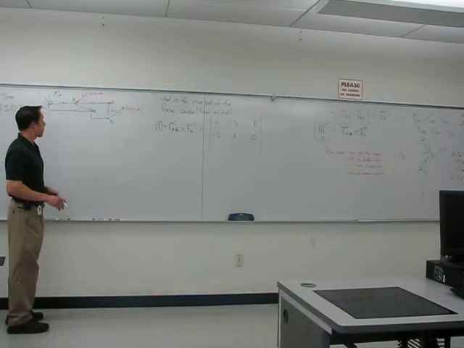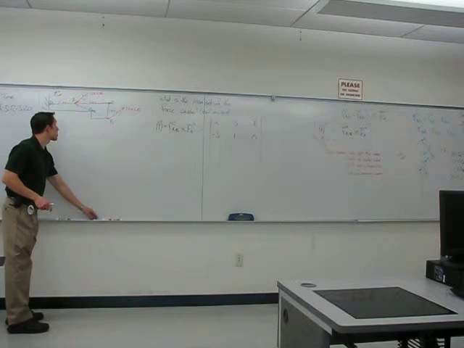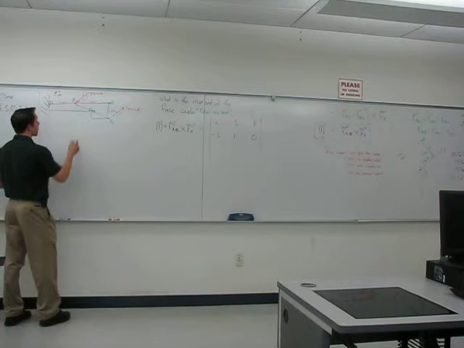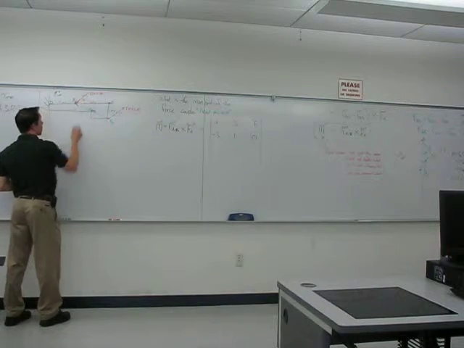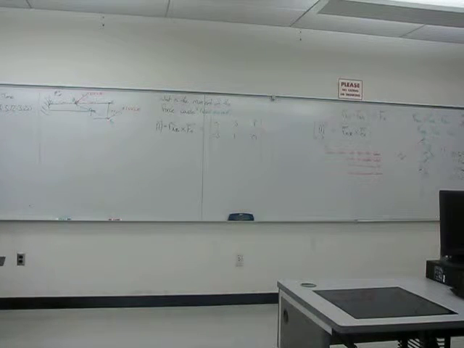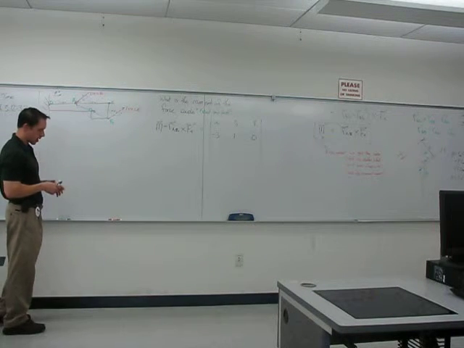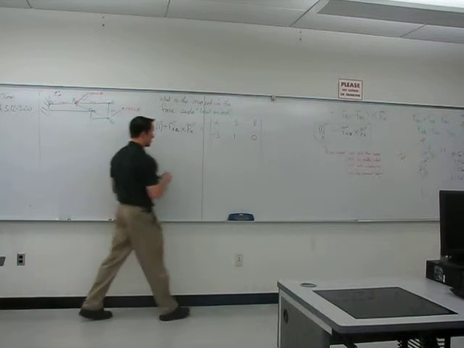So the x component here, this force that we see up here is going to have components that go to the left and that go down. So if I want the x component, the component that's going left, it's going to have a negative sign.